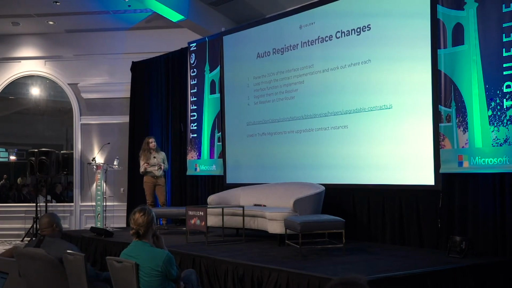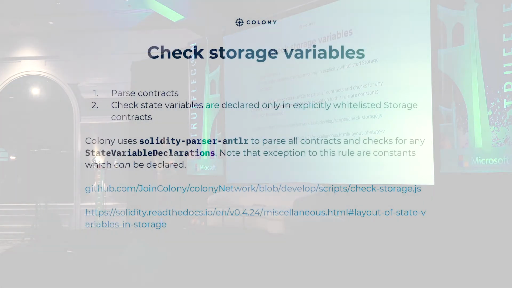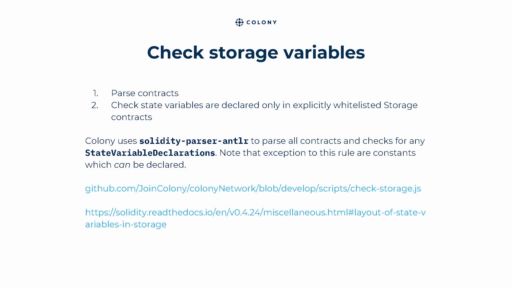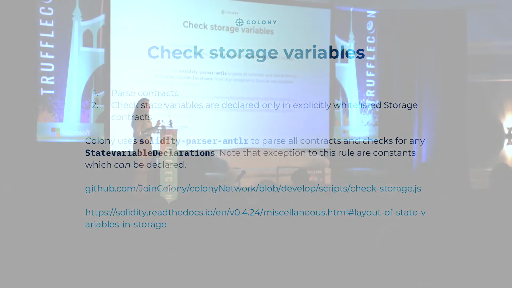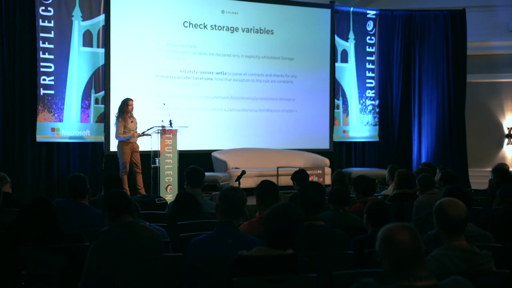Then going on to the second problem, which is more difficult to automate: the storage layout variables. The way we did that, like I showed, was to abstract it into a single storage contract, which we can then simply parse and check that no state variables are declared anywhere else.